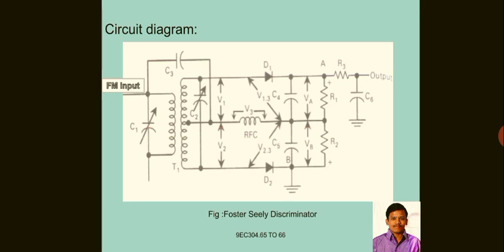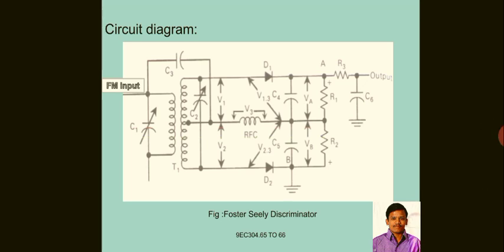Now just look at the diagram of the Foster-Seeley discriminator or phase discriminator. This is the diagram of the FM detector. As shown in the figure, the FM input is given at this side, and the output is taken on the last side, RS. On the input side there is a center tap transformer.